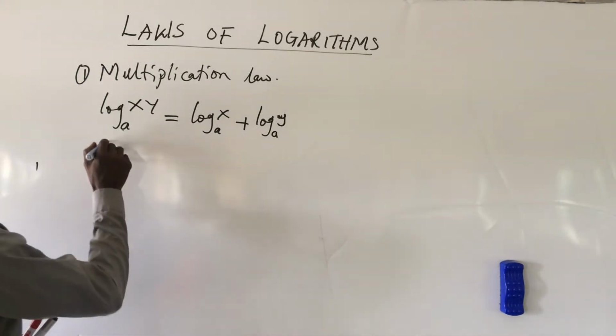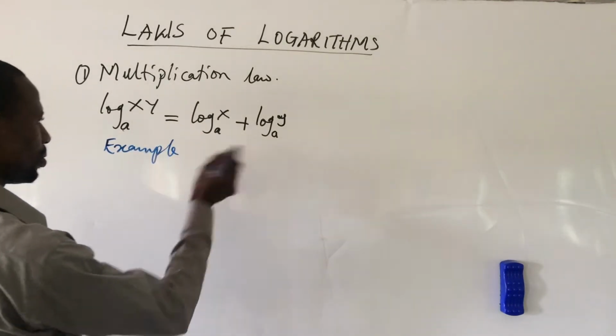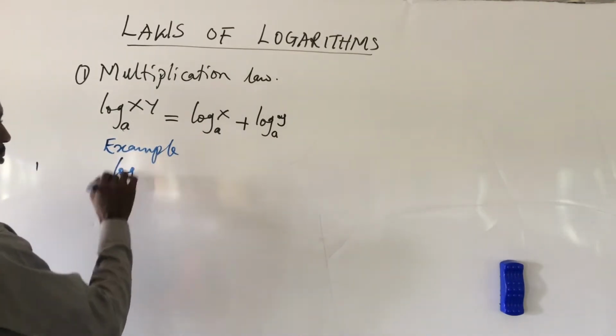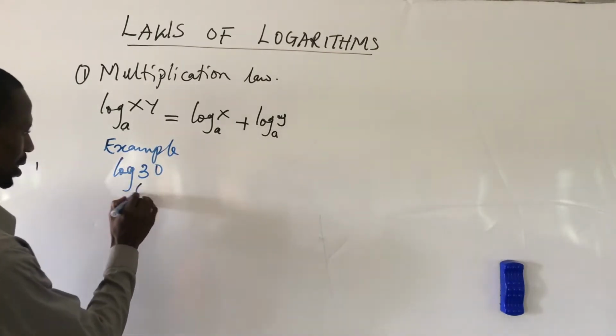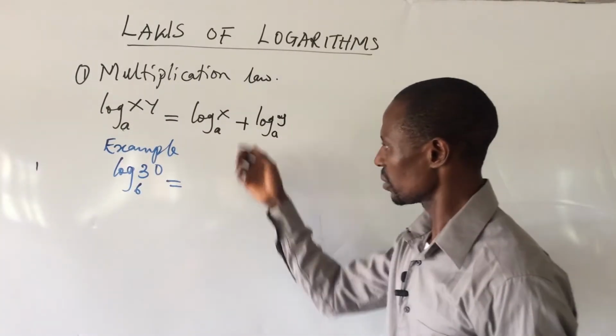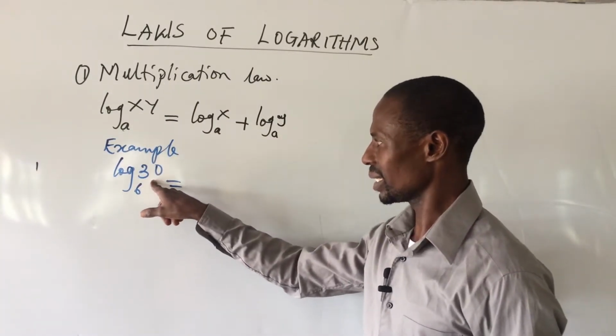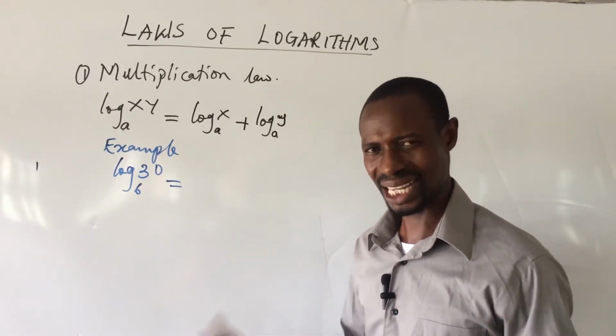Now let's take an example to this law. If you have something like log 30 base 6, according to this law, we can split this 30 into two numbers or three numbers as the case may be.